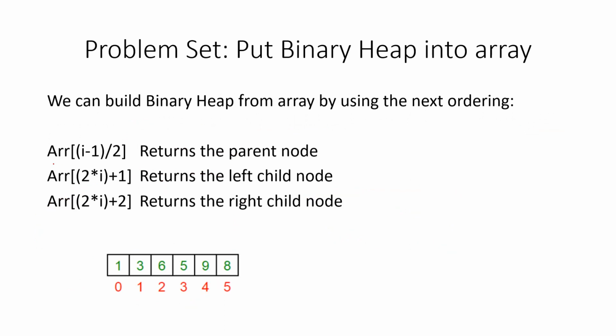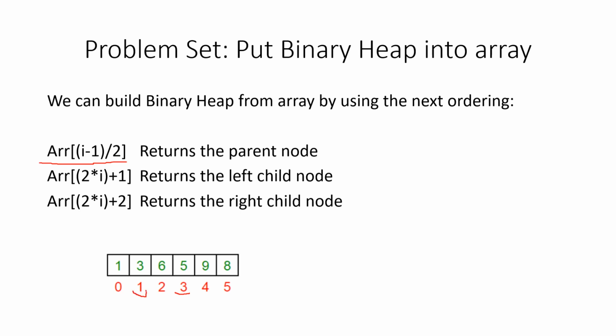We can follow this rule where, for example, let's say that we want to know what is the parent of the 5. In order to know what is the parent node, we use this formula. So i is this index, which is 3. So we subtract 1 from the 3, and then we divide, so it's a 1. So the parent of the 5 is an element on the first position.